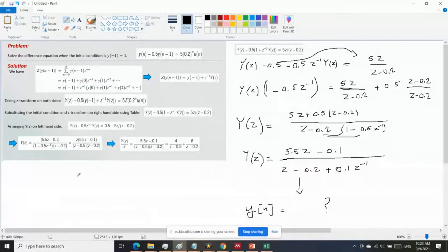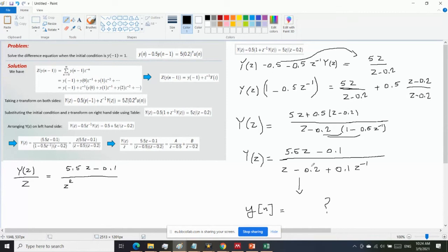First of all, do we always divide Y(z) by z? We always keep z outside. So if we do that, then it will be 5.5 z minus 0.1, and z will be underneath, so it becomes z squared.